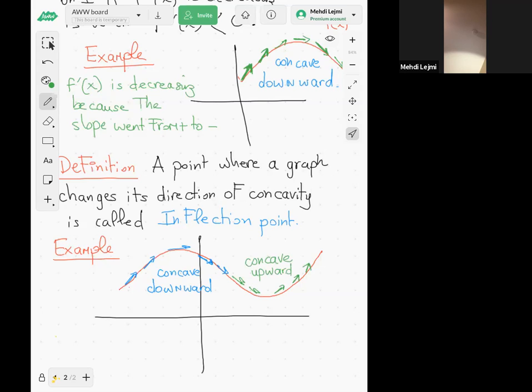Okay, so then the connection point is where you change the direction of the concavity. So let's say this point here. So you change the direction of the concavity of your graph. That's what I call an inflection point. So this point here, this is what I call an inflection point.